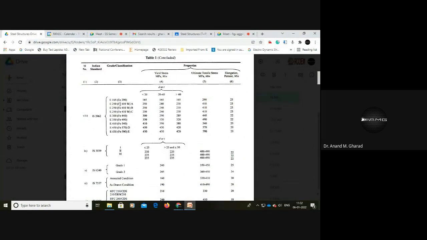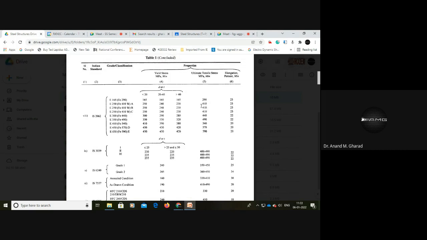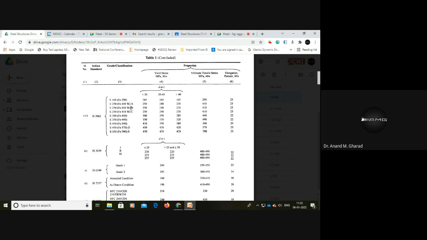You can consider any of this, Fe410W, A, B or C. Is this fine? And after assuming this, you will see the grade of the ultimate tensile stress which is given in MPa. What is the value for all the three grades? You can see it is 410. Is this clear? You can assume any of these three.